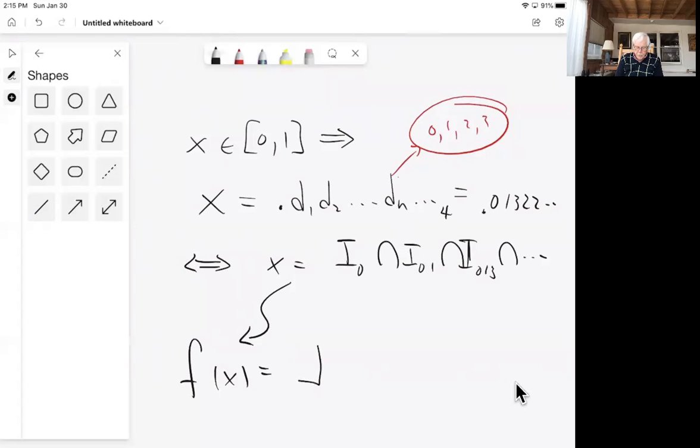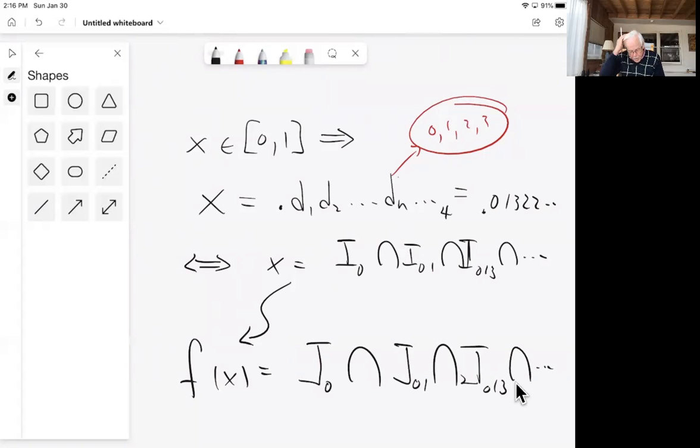So f of x will be this intersection, J0 intersected with J01 intersected with J013, etc. The diameter of each of these squares is 1 over 2 to the n times the square root of 2. So this intersection is nested. This intersection is just a single point.